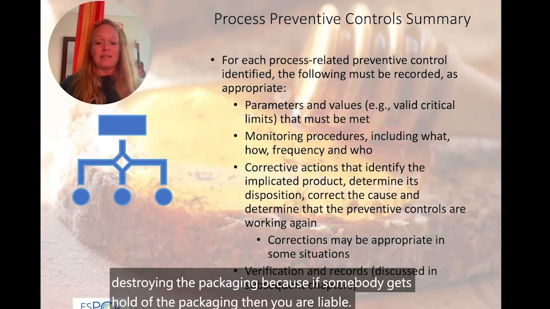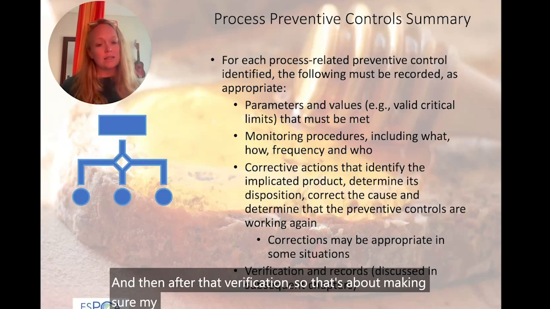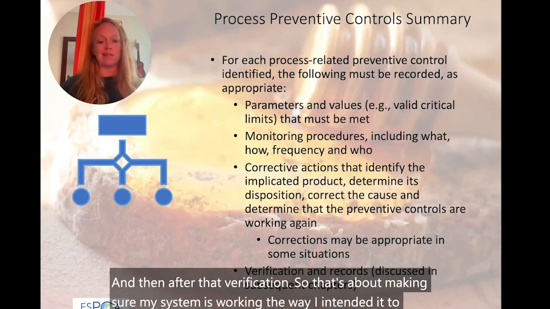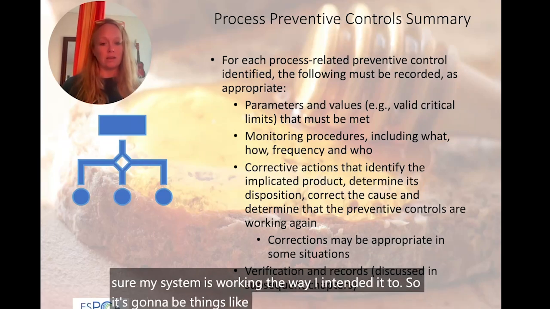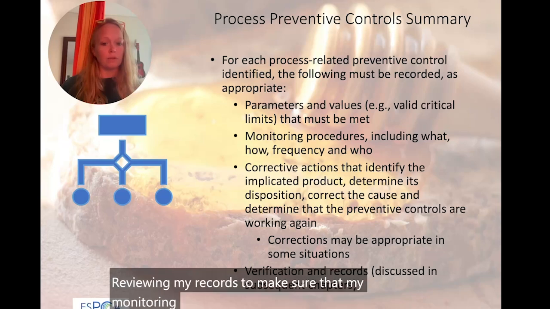And then after that, verification. So that's about making sure my system's working the way I intended it to. So it's going to be things like calibrating my thermometer and reviewing my records to make sure that my monitoring procedures are being done properly.